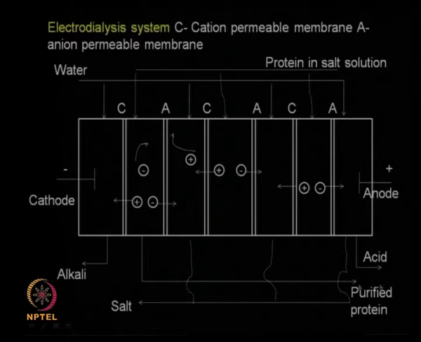So, I can nicely recover my protein from the alternate chamber which is in water medium, and all the salts would have gone to the alternate chambers. This is the system by which electrodialysis does its job, very interesting.